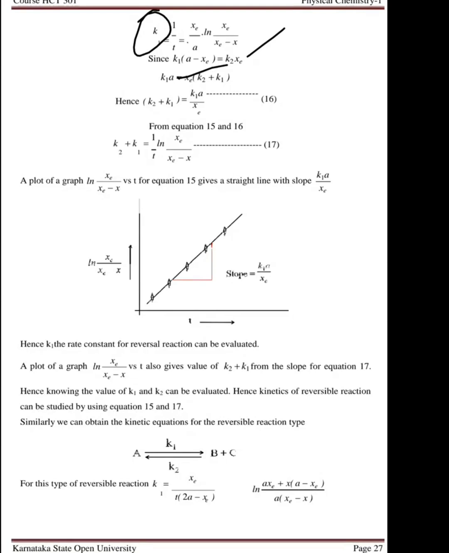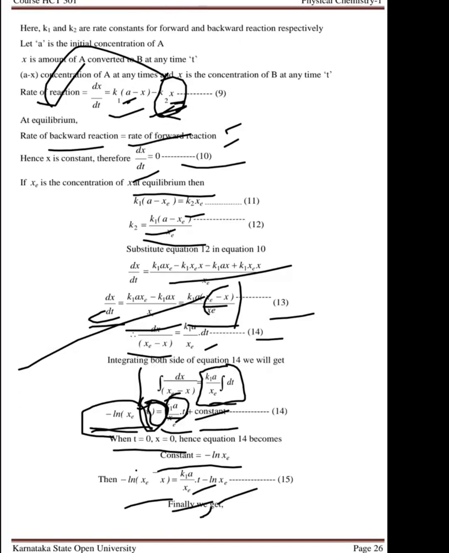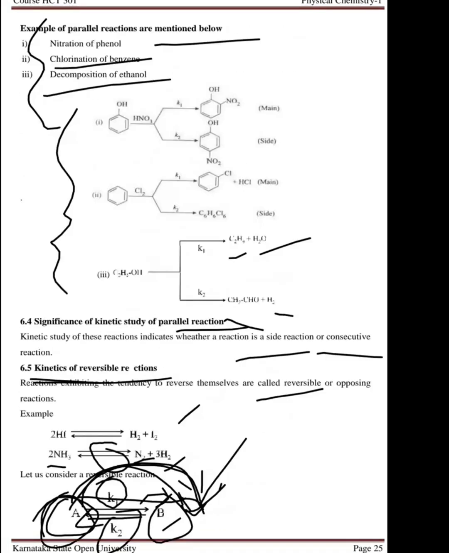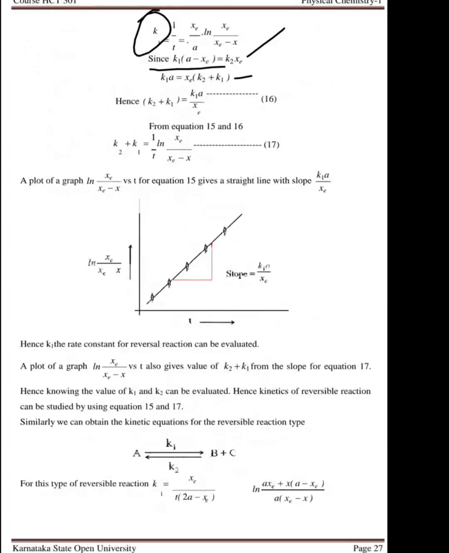Since K1 times (a minus xe) is equal to K2 into xe, this K1 is the rate constant of the forward reaction, and K2 into xe gives the rate constant of the backward reaction, where x is the moles of amount converted into product.